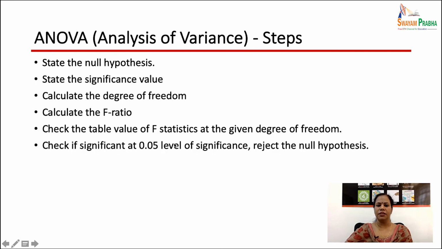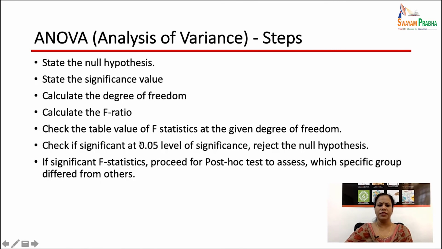So it means if it is significant at the 0.05 level, we will say that the means of the different groups are significantly differing from each other. Then we can go for the post hoc test to know which particular group is significantly differing from the other groups. So if the F statistic is significant, proceed to the post hoc test to assess which specific group differed from the others.